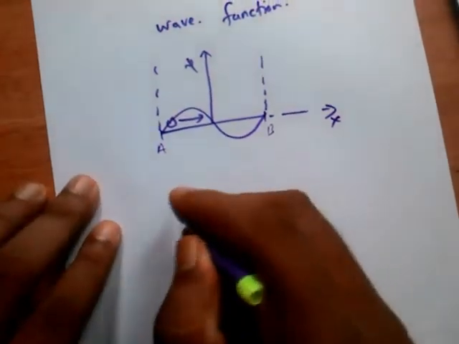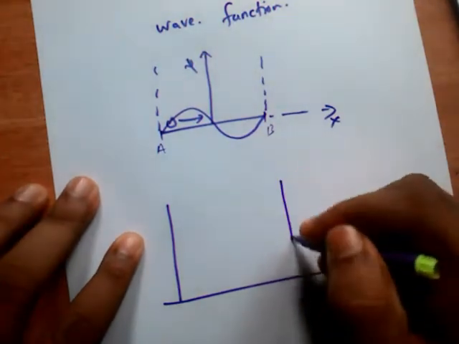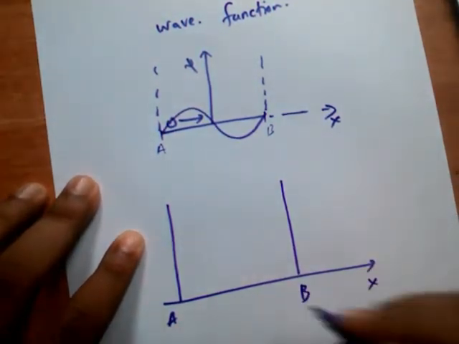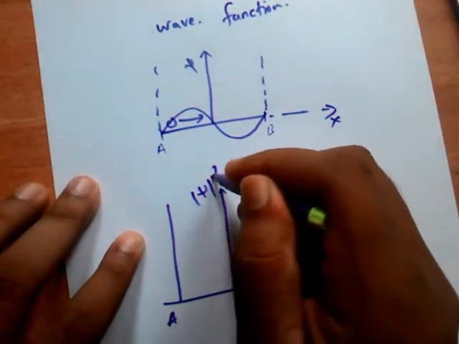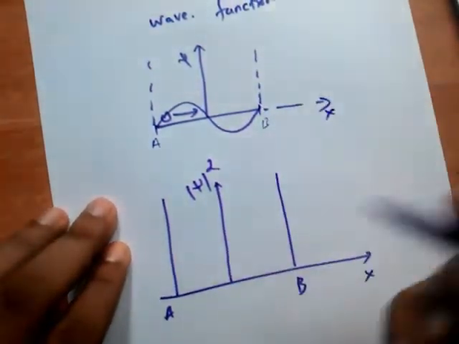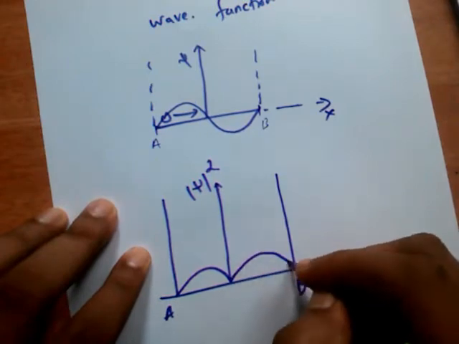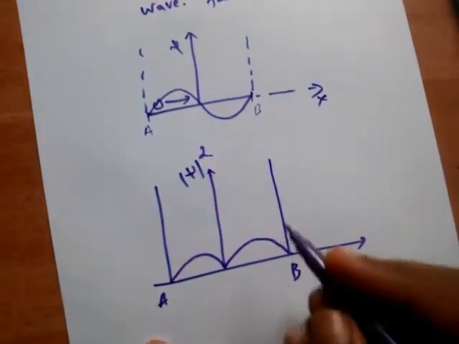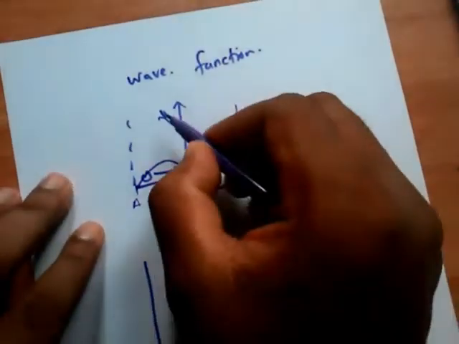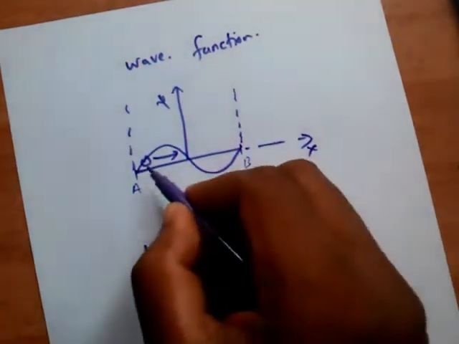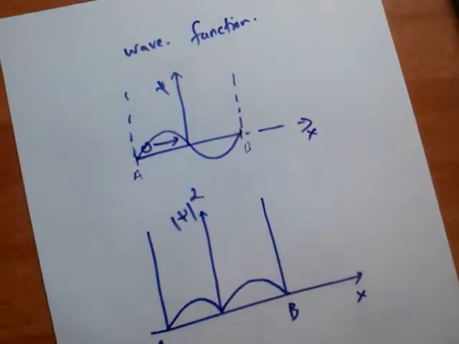Then I'm drawing another graph. This is x, this is position A, this is position B, and this is mod psi square. This is a sinusoidal function. If I square it, then I'll get a function like this. This is a sinusoidal wave function, representing psi of an electron moving in a one-dimensional space.